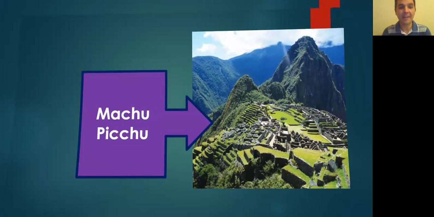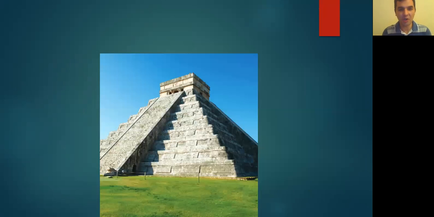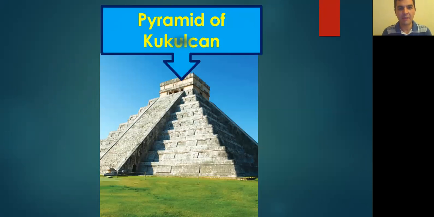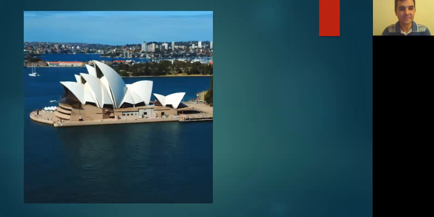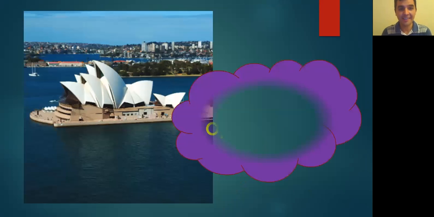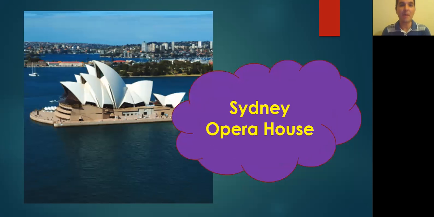And now we're home. This is an image of Mexico. That pyramid is our famous pyramid of Kukulkan, in the center of our country. Then we have this other monument. Well, it's not a monument, sorry. This Australian structure is called the Sydney Opera House.